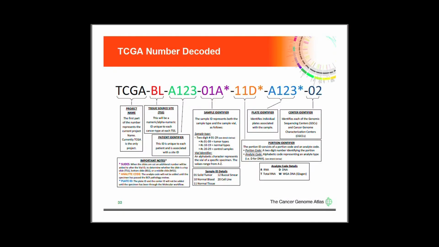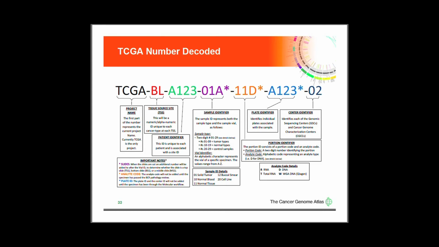The next code is the patient ID. Every patient will have a unique identifier. After that comes the sample identifier, which tells you what kind of sample you're looking at. The 01 refers to a primary tumor. A 10 refers to blood. 11 refers to normal tissue.